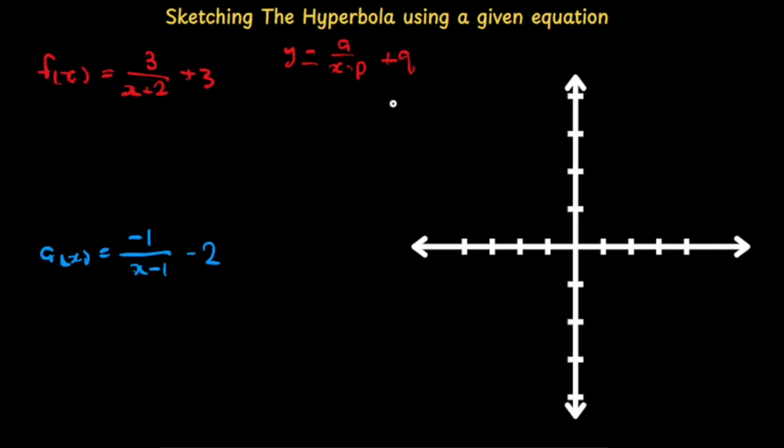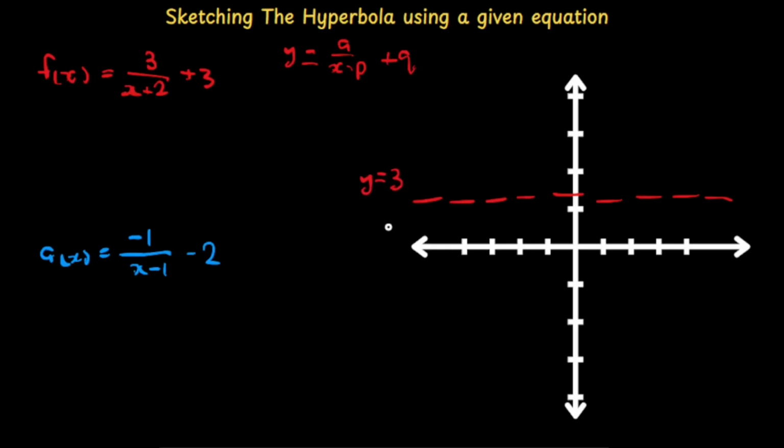So if q is positive 3, that means that our horizontal asymptote would lie at y is equal to positive 3. So I am going to estimate where positive 3 would be on this Cartesian plane, and I'm simply going to sketch in my horizontal asymptote. I'm also going to label that as positive 3, or y is equal to positive 3.